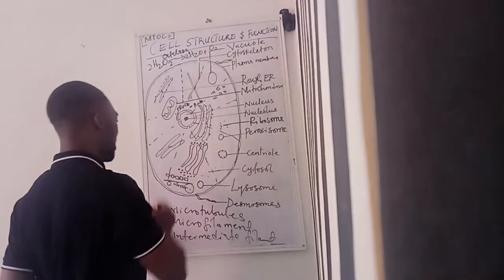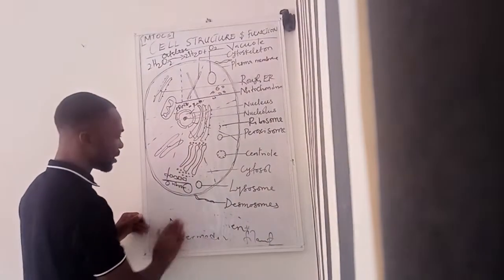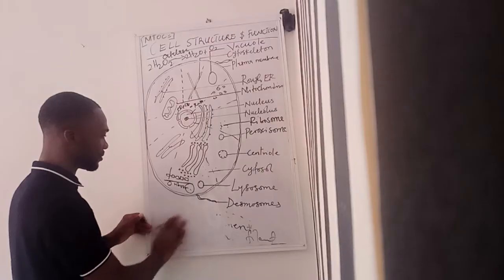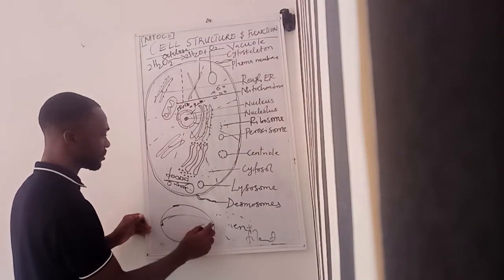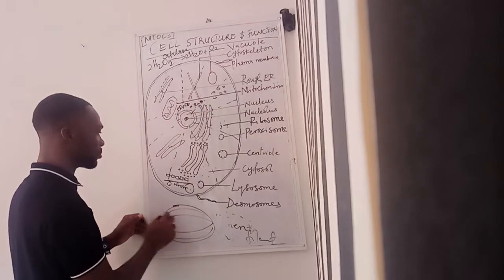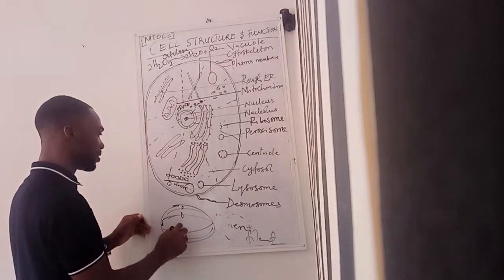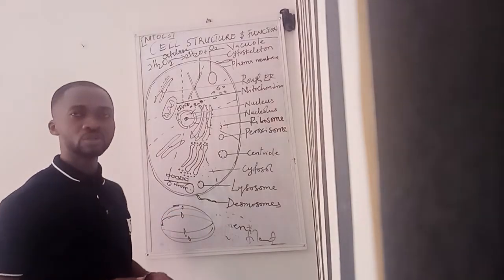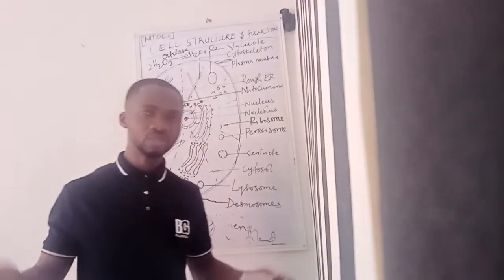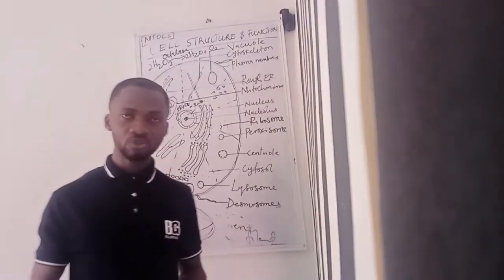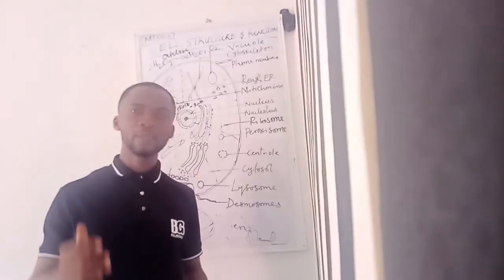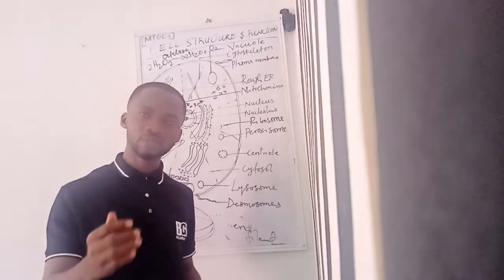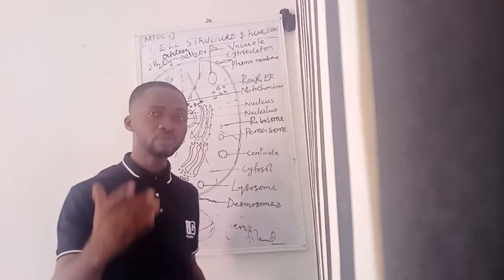If you can remember, the spindle fibers are usually produced during cell division, and that is to help in the positioning of the chromosomes during this process. So the specific function is that it helps in producing the spindle fibers.